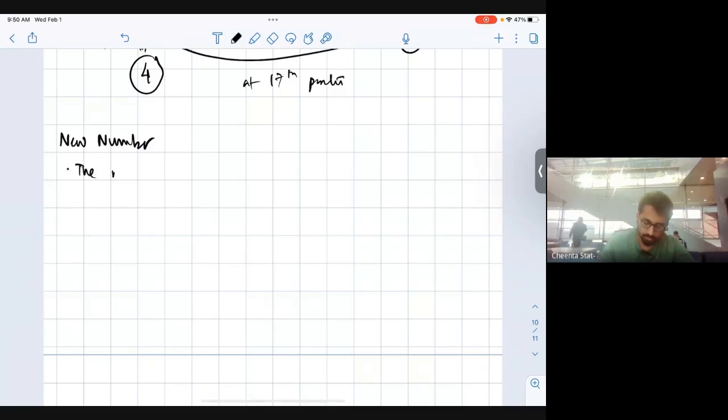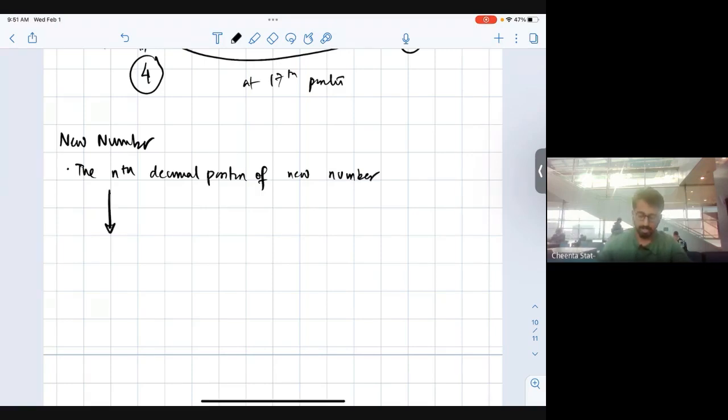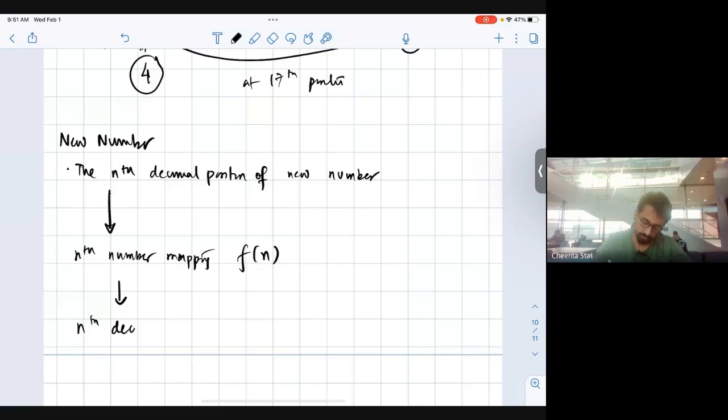So the nth decimal position of the new number, to find it, what we do is go to the nth number mapping, let's say f of n, and in f of n we look at the nth decimal position.